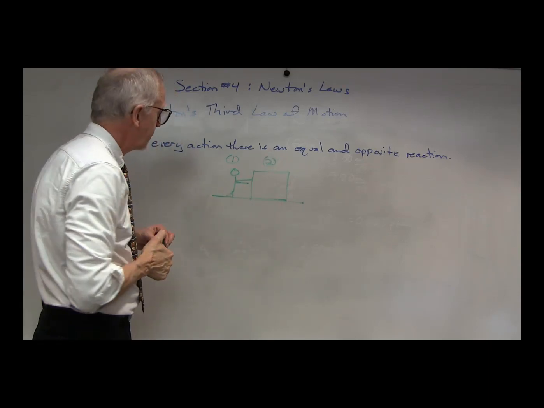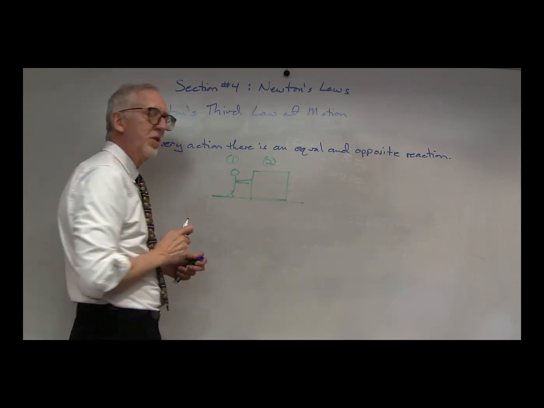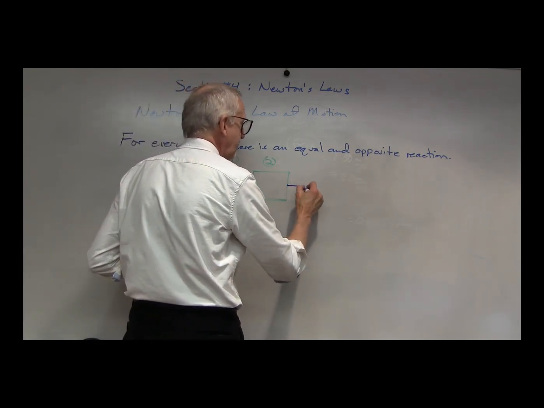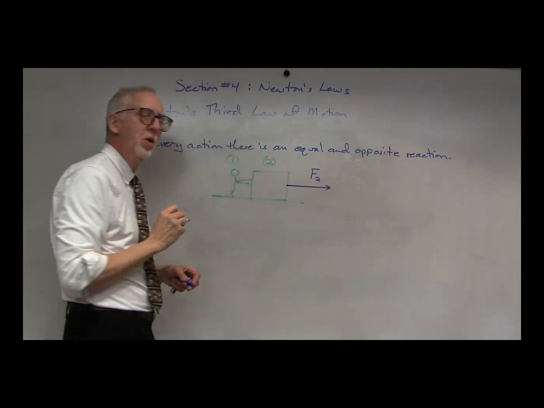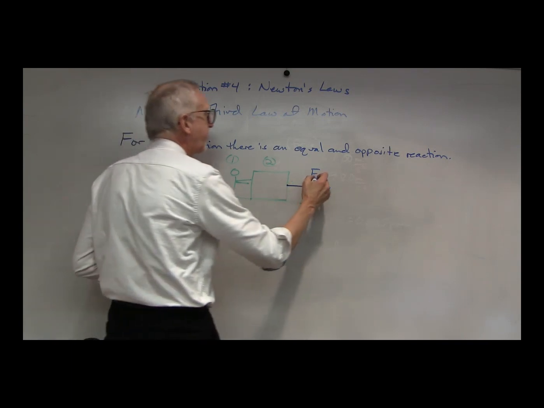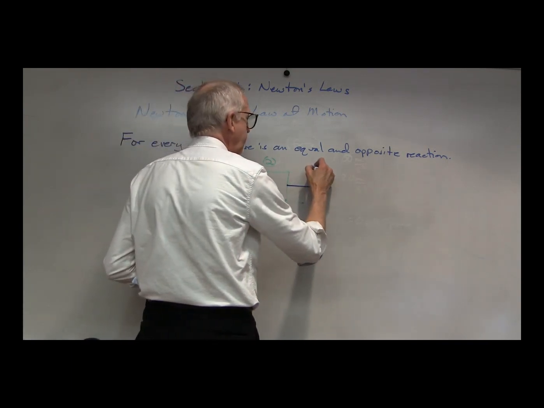So what's going on? The person pushes on the box. What does that mean? Object 1 is exerting a force on object 2. So I'm going to draw in that force here. And I'm going to draw this as F2. So this is the force on object 2 from object 1. So I'm going to write this as force F21.